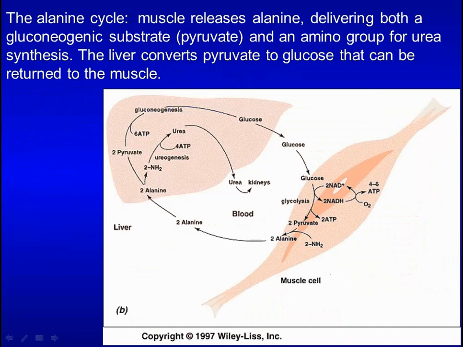Here is the alanine cycle. Muscles release alanine, delivering both a glucogenic substrate, pyruvate, and an amino group for urea synthesis. The liver converts pyruvate to glucose that can be returned to the muscle.